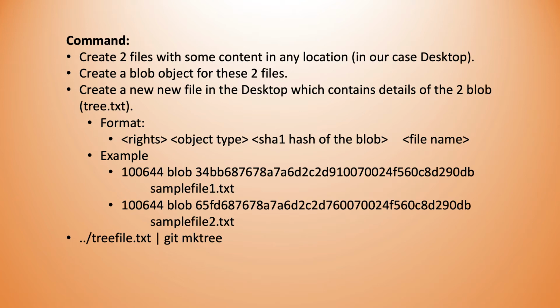In the last step we will create a tree object out of the last file that we created, which contains details of the two blob objects, with the help of the git mktree command. So that's it, let's get started.